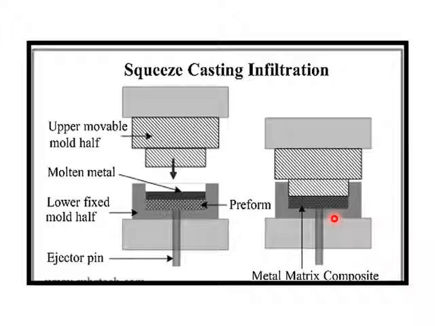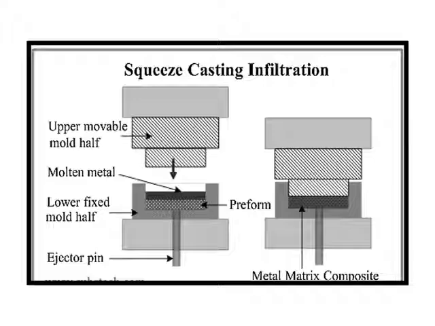What are the disadvantages normally associated with this process? It is costlier. Manufacturing the dies to the required shape is a bit costlier. Accurate metering of the molten metal is difficult, because we calculate that by theoretical formulas, which may not be that accurate in practical conditions.